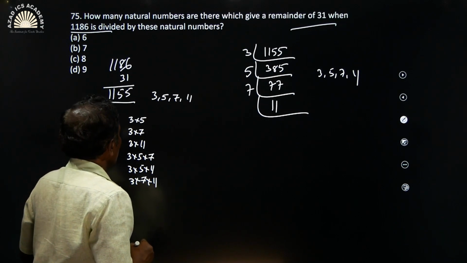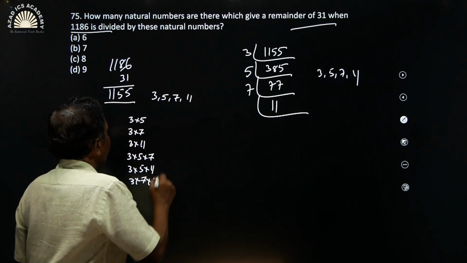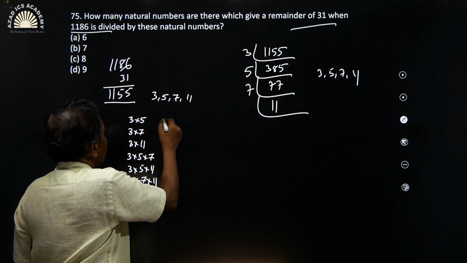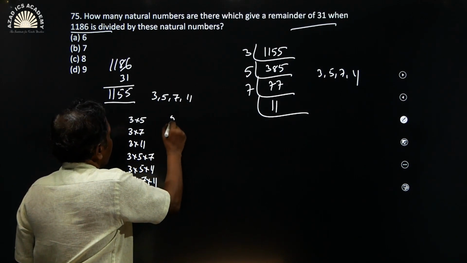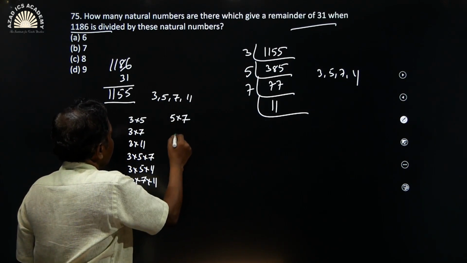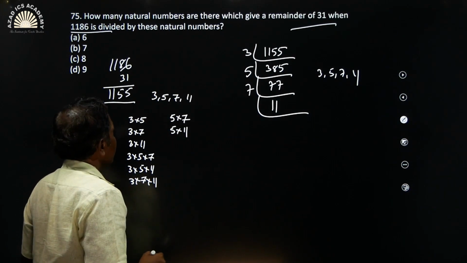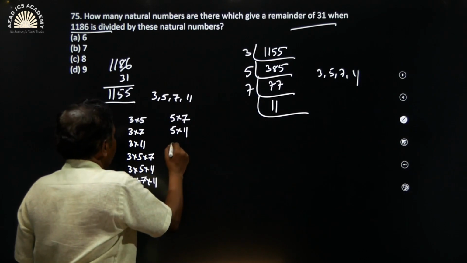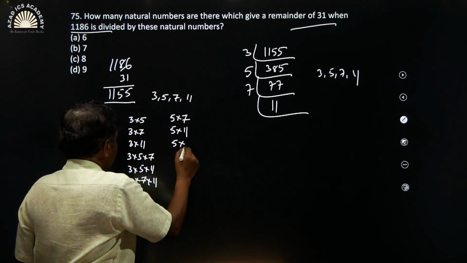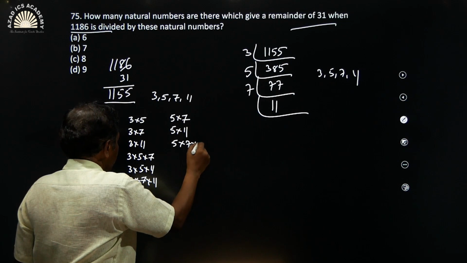Right, so these are the options. Now let's try with 5. 5 into 3 is done already. 5 into 7 and 5 into 11. Try 3 numbers: 5 into 7 into 11.